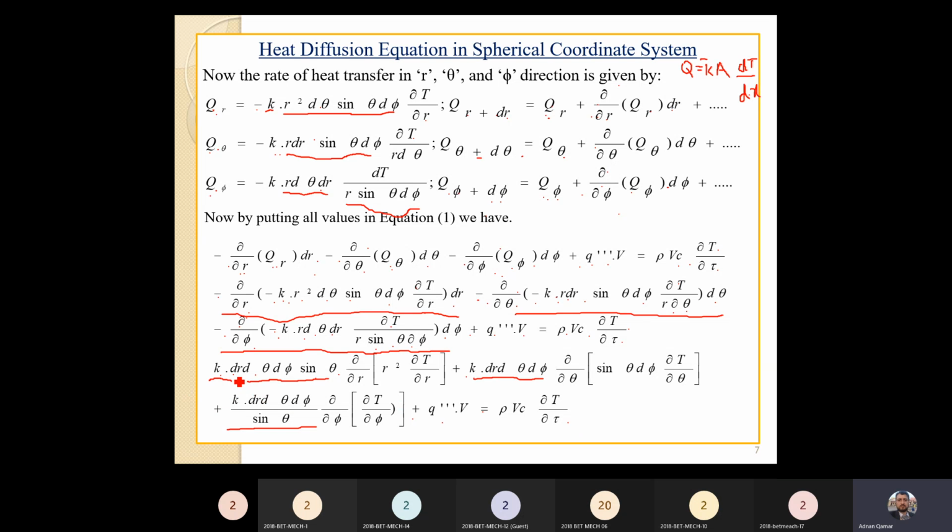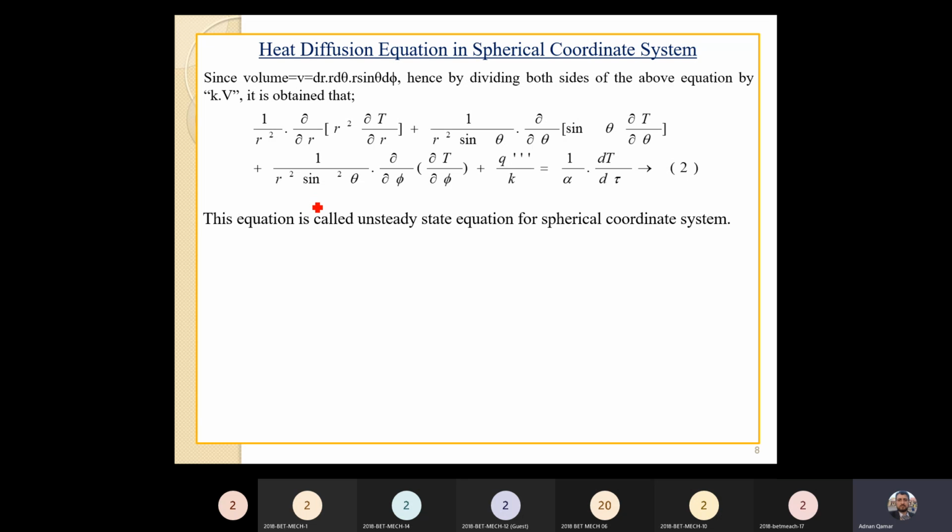So you can see in all these three terms, k is common, dr is common, d theta is common, and d phi is common. So you can take k dr d theta d phi common.